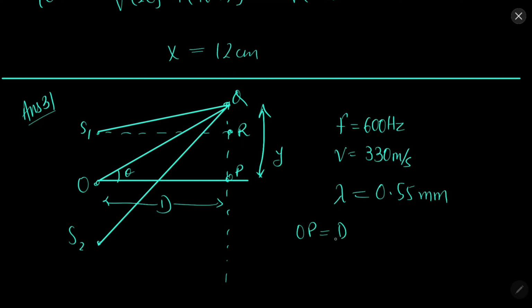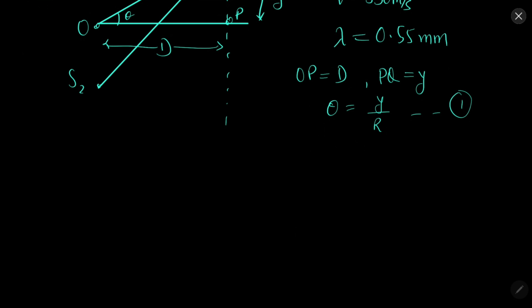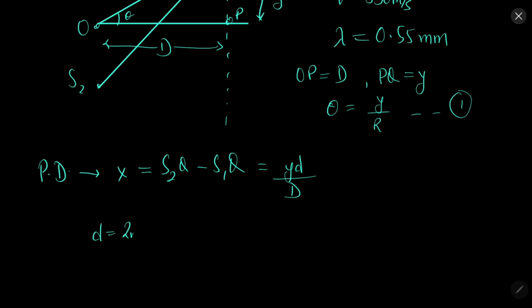OP will be D, PQ will be Y, theta will be approximately Y over D. This is tan theta, and if angle is small, tan theta equals theta. So path difference x will be S2Q minus S1Q, which is yd over D. Now D is 2 meters.